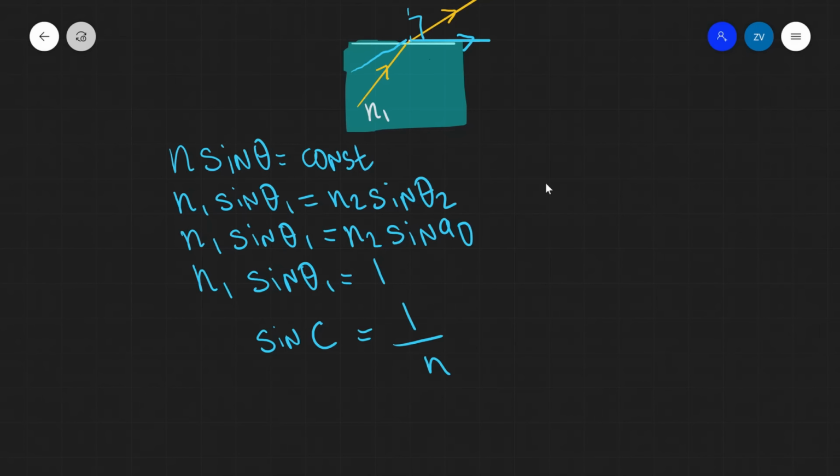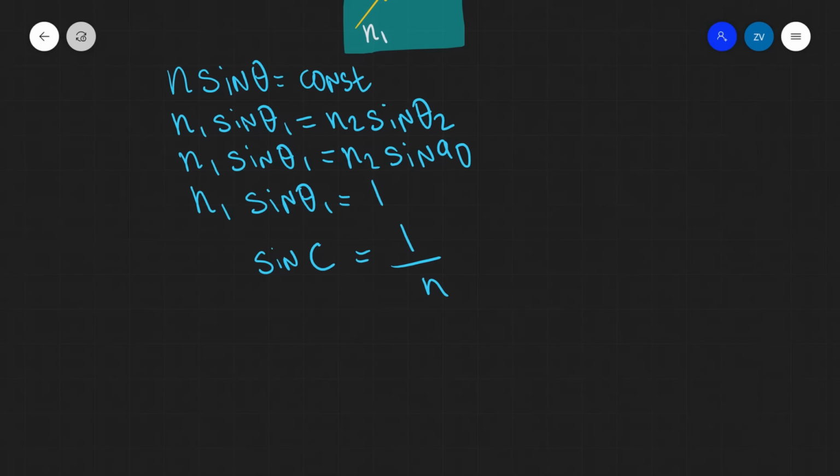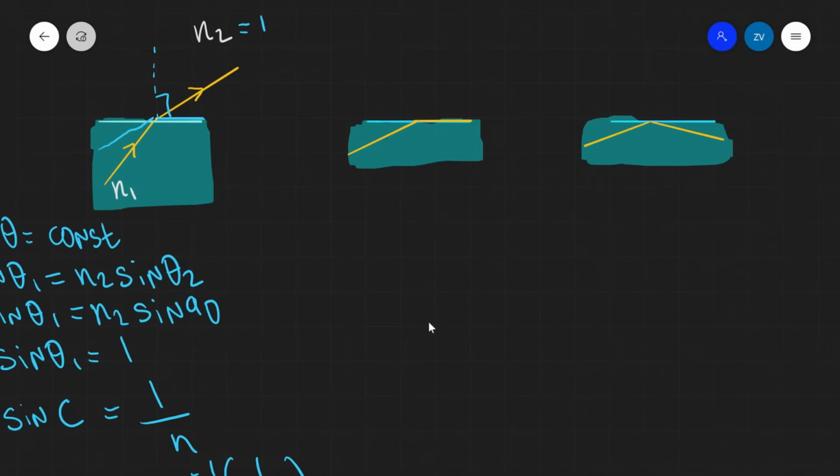Beyond this angle, the ray gets essentially trapped within that medium. Of course, the critical angle itself is going to be determined by the inverse sine of 1 over the refractive index.